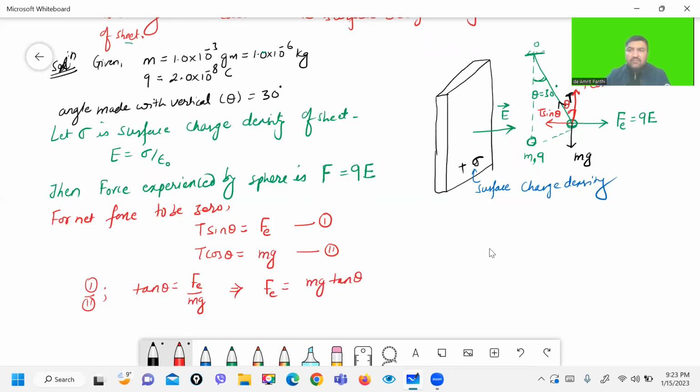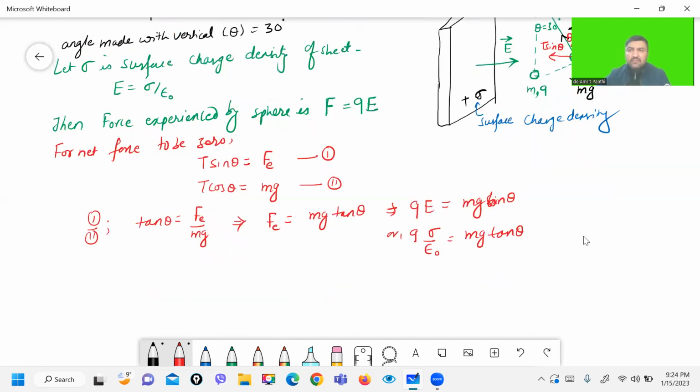And since Fe equals QE, and E, the electric field intensity due to this plane conducting sheet, equals sigma by epsilon naught, therefore Q sigma by epsilon naught equals mg tan theta. So the surface charge density sigma equals epsilon naught mg tan theta by Q.